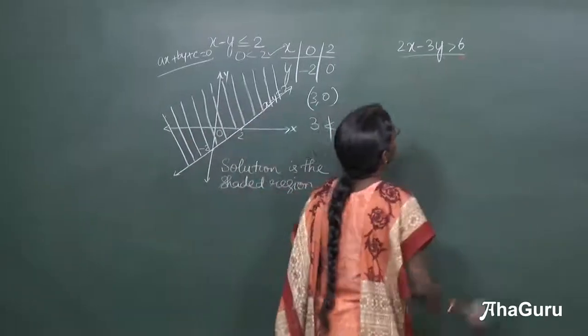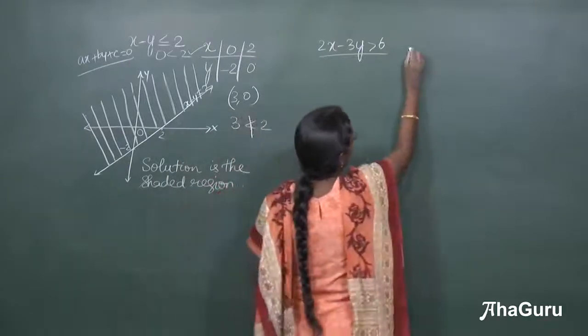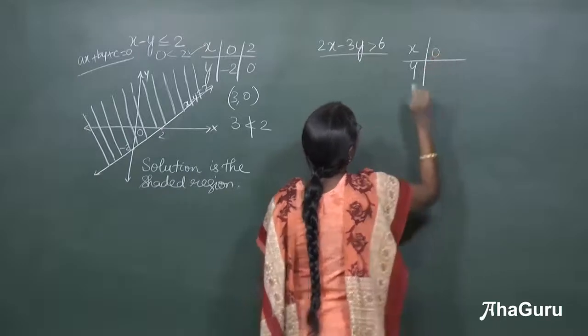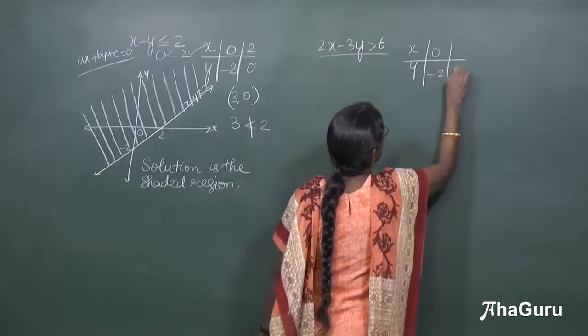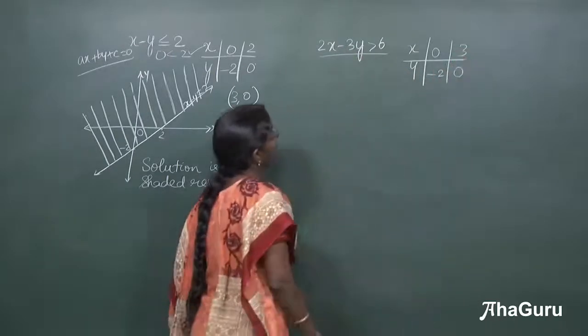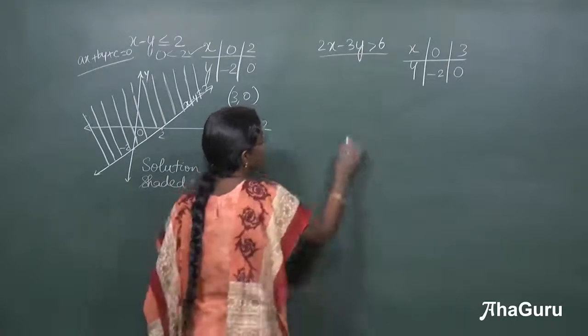The inequality here is 2x minus 3y greater than 6. We will find out the points where it cuts the x axis and y axis. When x is 0, y is minus 2, and when y is 0, the x value is 3. So it cuts the x axis at 3 and the y axis at minus 2.